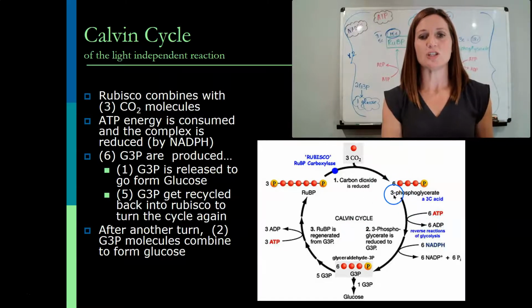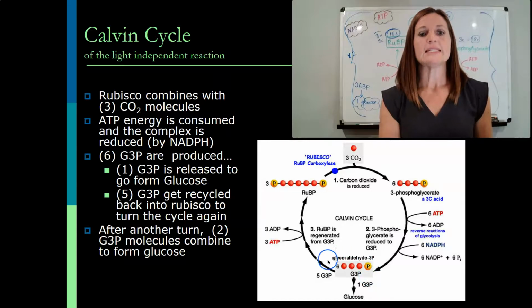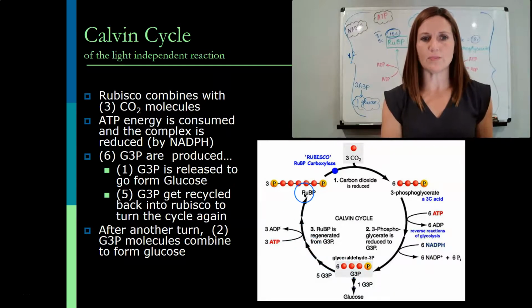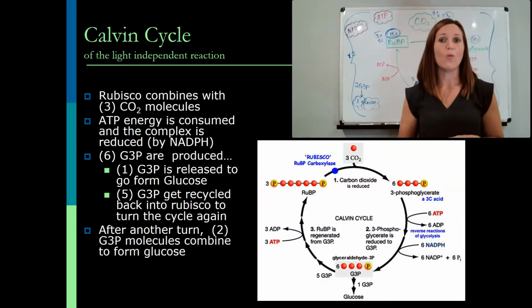So G3P gains electrons to become G3P. 6 G3P are produced. 1 G3P is released to go form glucose, and 5 G3Ps get recycled back to Rubisco to turn the cycle again. After another turn, 2 G3P molecules have been released and they combine to form 1 glucose molecule.